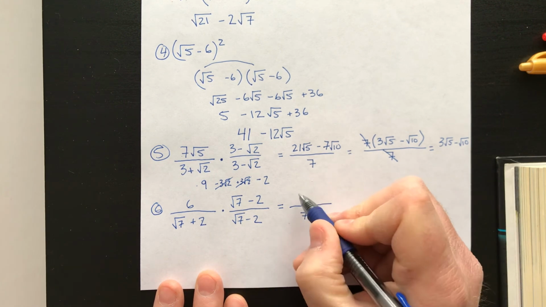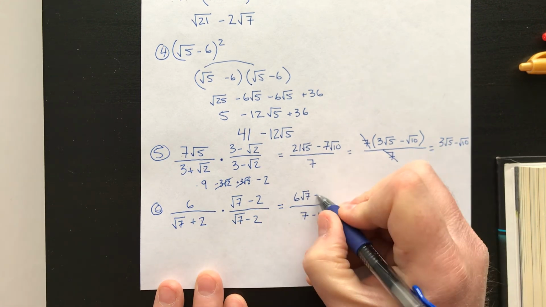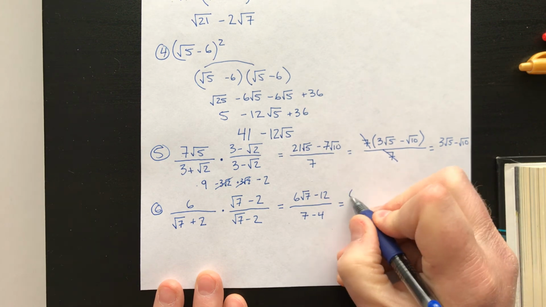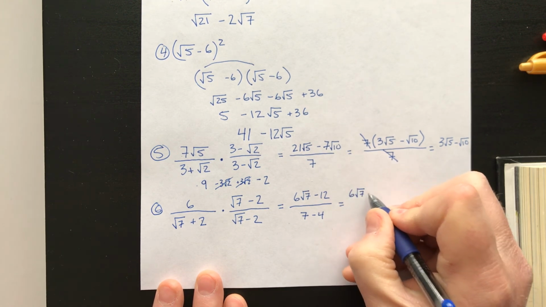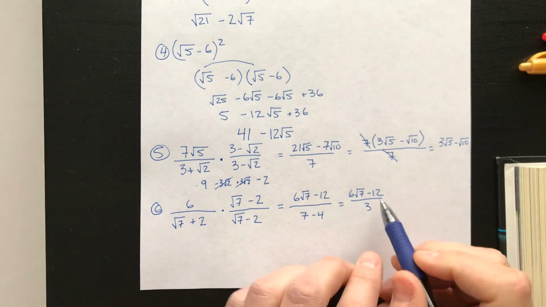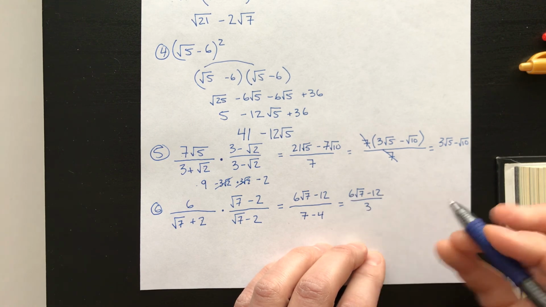In the numerator, we have 6 root 7 minus 12. So we have 6 root 7 minus 12 all over 3. And I can factor a 6 out of this numerator.